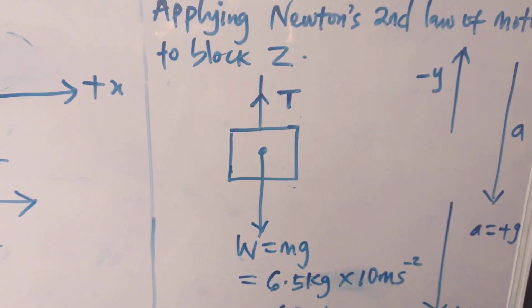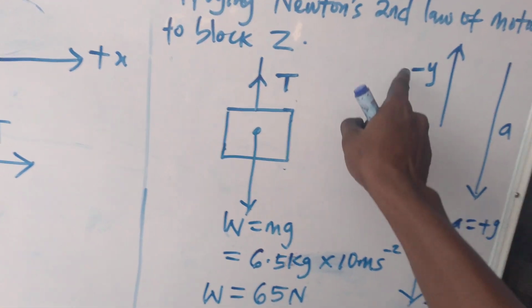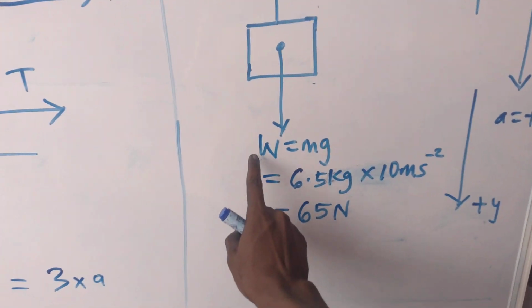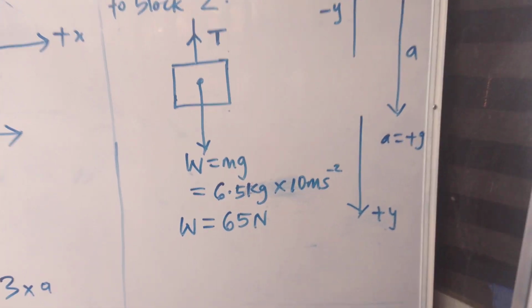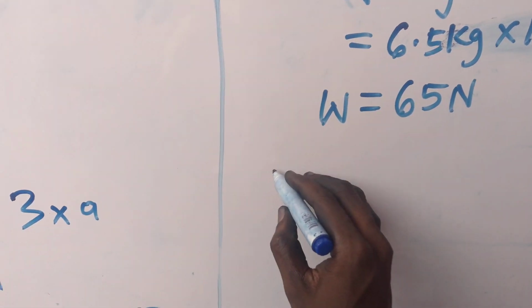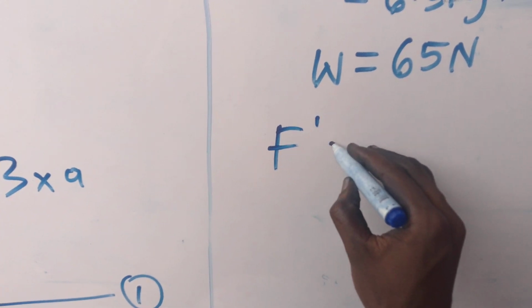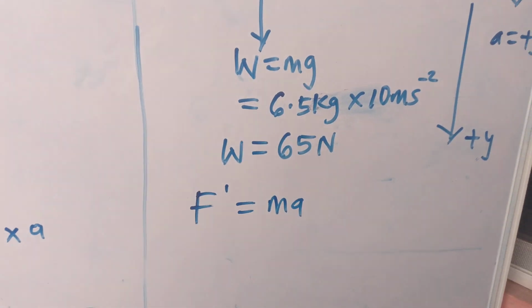So taking the summation of forces now, tension is going upwards, so it is negative, and the weight of the block is coming downwards, so it is positive. Alright? So quickly, we can say that the sum of forces F is equal to ma. That's applying Newton's second law of motion.